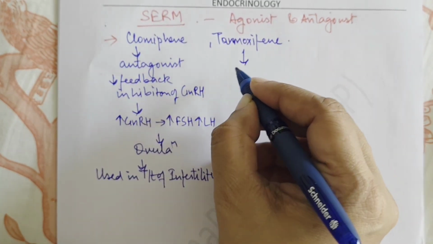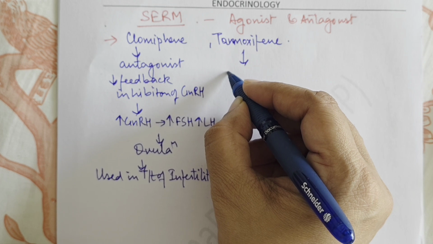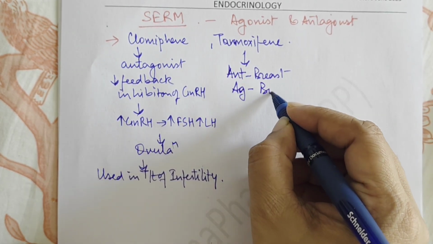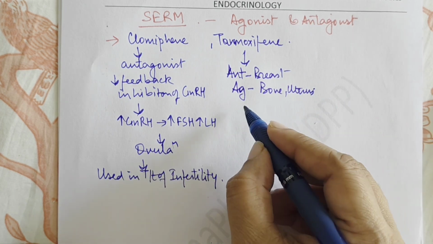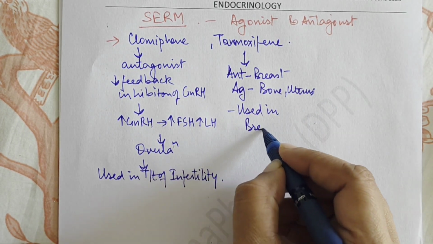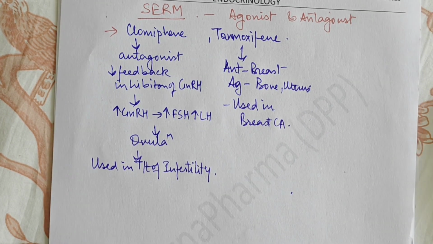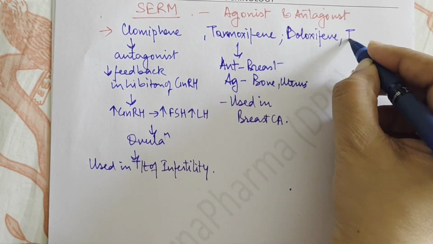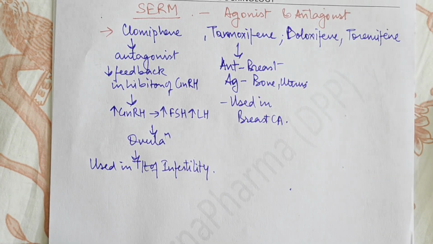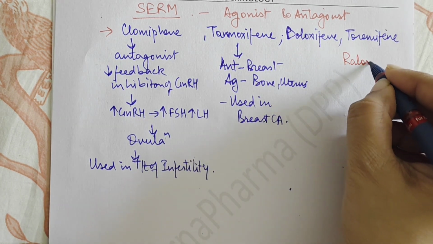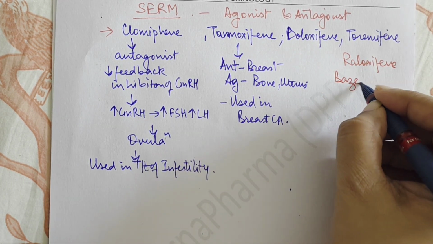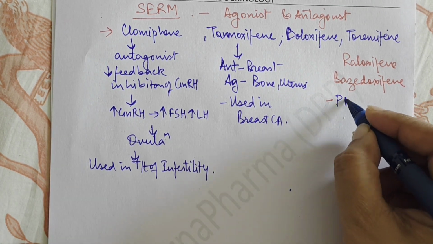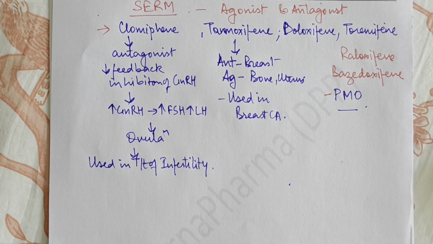Tamoxifen, we all know, has antagonist activity in the breast and agonist activity in the bone and uterus, right? So it is used in breast carcinoma. Okay, so that is tamoxifen. After tamoxifen, the other drugs are droloxifene and toremifene. Besides these, raloxifene and bazedoxifene, as we saw in the last calcium balance discussion, are used in postmenopausal osteoporosis, right?